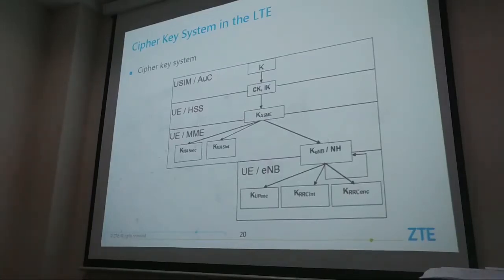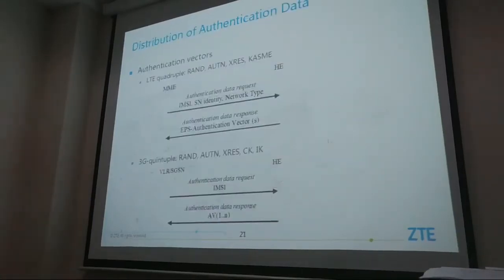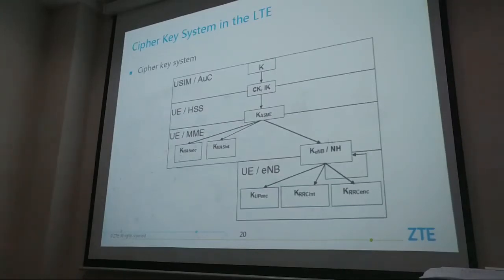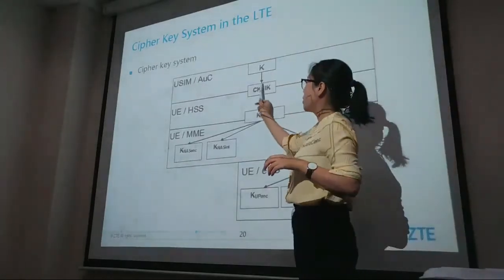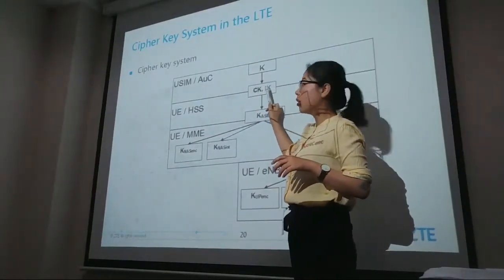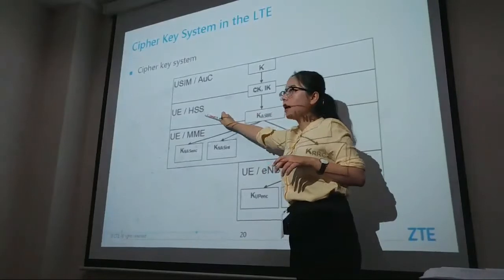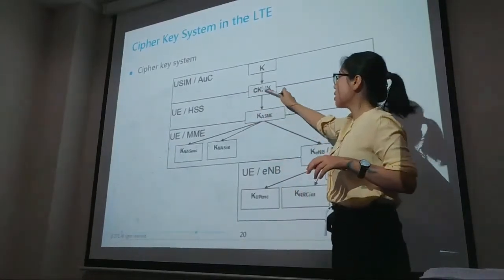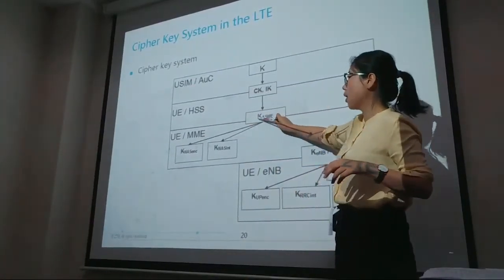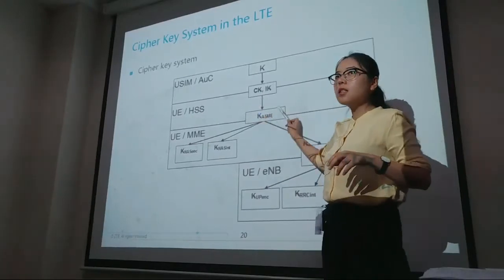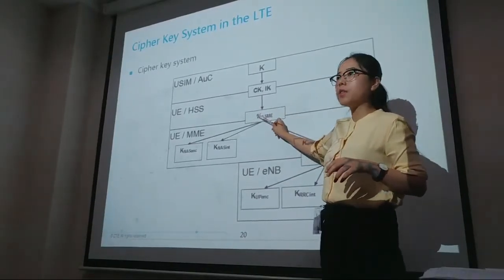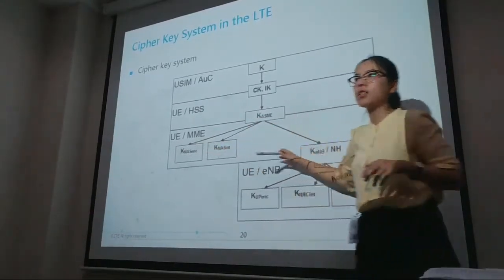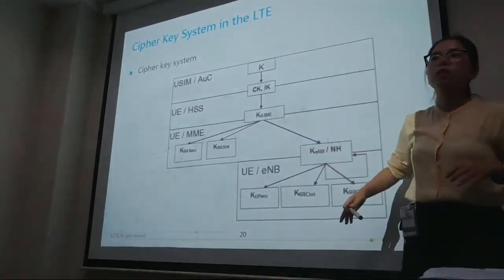Using the algorithm, it will generate the CK and IK. On the UE and HSS sides, using the CK and IK, it will generate the KASME. This is the base to generate different keys for different protection.